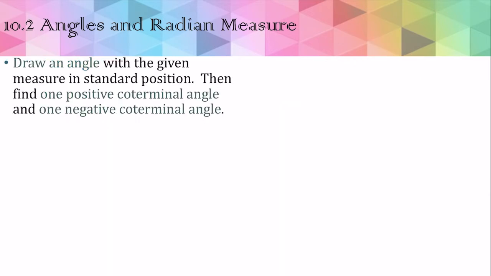So let's draw an angle with a given measure in standard position, then find one positive coterminal angle and one negative coterminal angle. Let's start with 65 degrees.